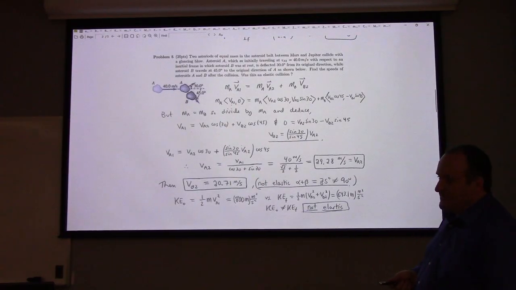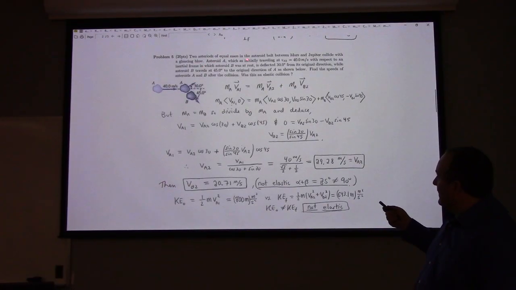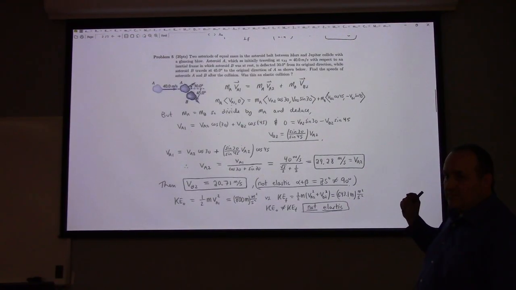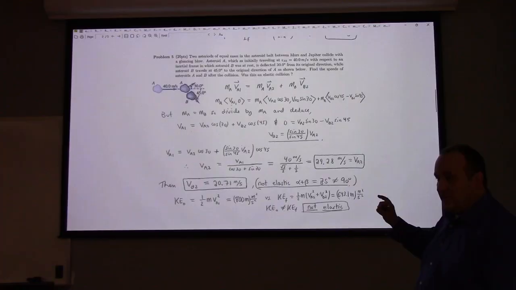Now, is it an elastic collision? Well, no, it's not elastic, because the angle between A and B's trajectory at the end was 75 degrees, but these have the same mass. I think I'm told, equal mass. And we worked out in class that if you have equal mass objects and they collide elastically, then afterwards the angle between their trajectories is 90 degrees.